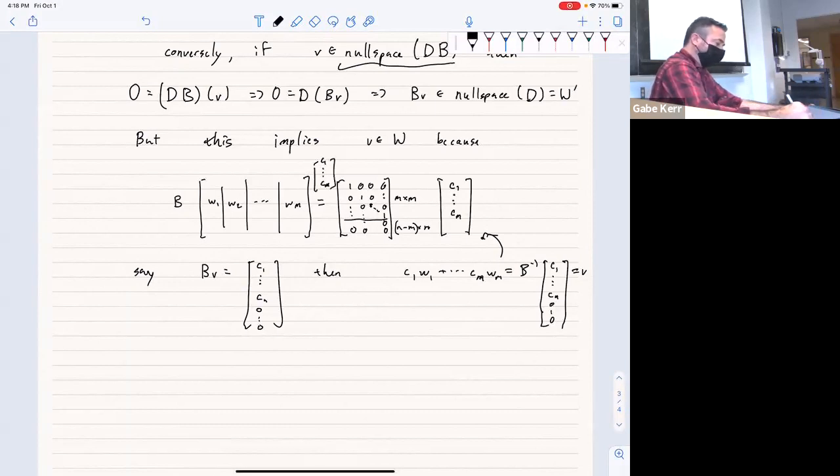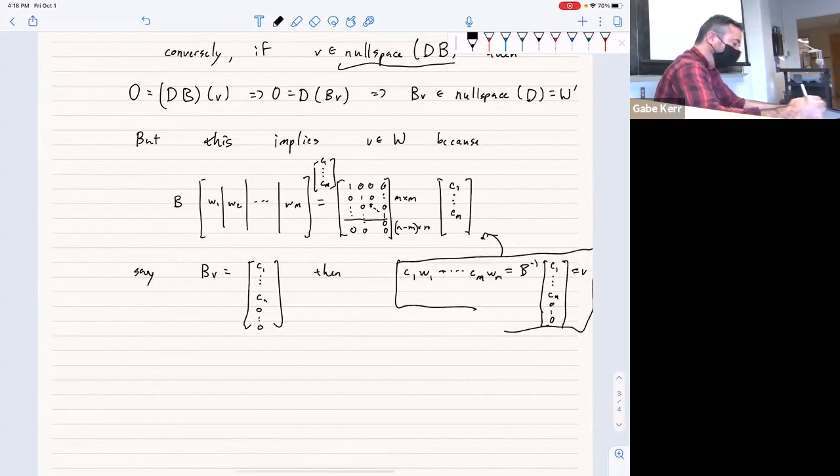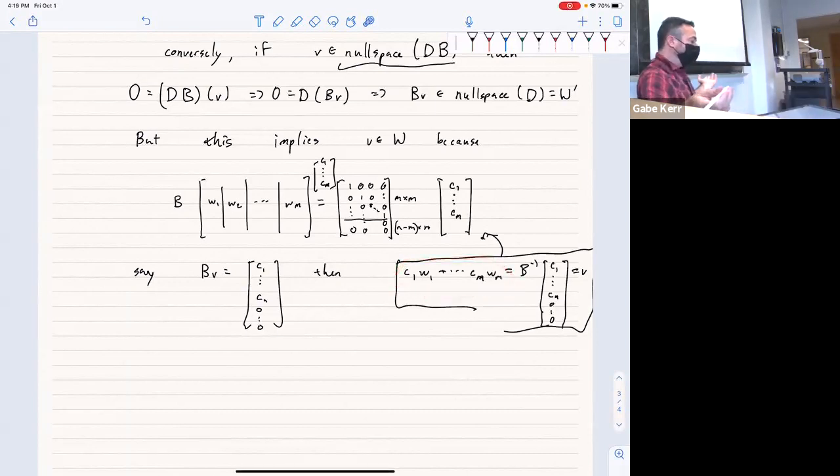This is this equation, with a B on the right hand side. Then I can take the inverse of both sides and I get this. But the point is that this is a linear combination of guys in W. So this is, B is in W.